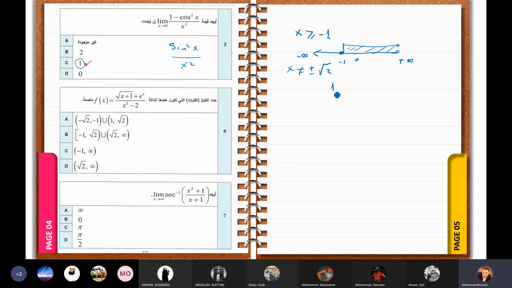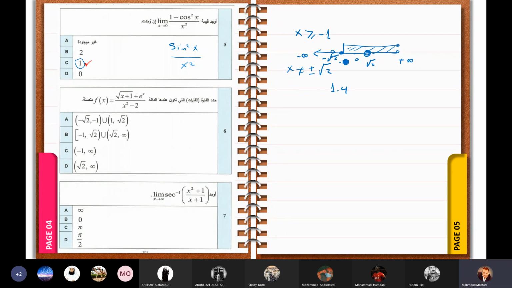Radical 2 is approximately 1.4. So we have a hole here at square root of 2, and negative square root of 2 is outside our solution, so it doesn't affect. It's outside the domain.